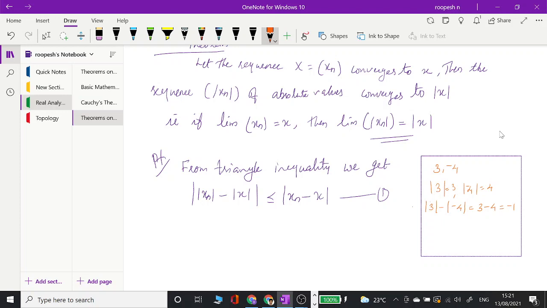Now you find modulus of 3 minus minus 4, so it will reduce to 3 plus 4, that is 7. So modulus of mod 3 minus mod minus 4 is less than or equal to, in this case strictly less than, modulus of 3 minus minus 4. So we can easily check this, and we have got this inequality.